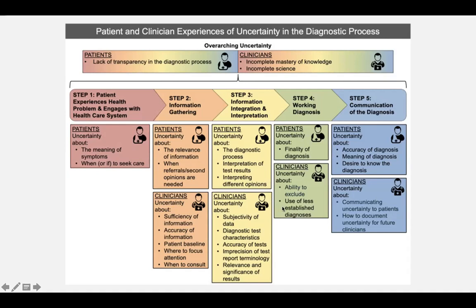Sometimes there is inability to exclude it because the doctor has not envisioned the different regions, or has not related the disease with other disease processes. So that's the inability of the doctor. And then step five is communication of the diagnosis. So this is how the diagnostic process works, and the uncertainties by the patients and the clinicians in different steps of the diagnostic process.